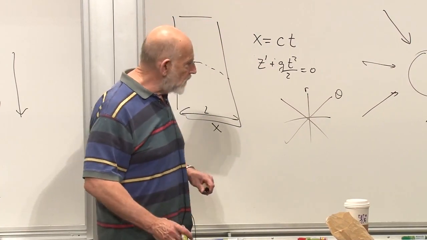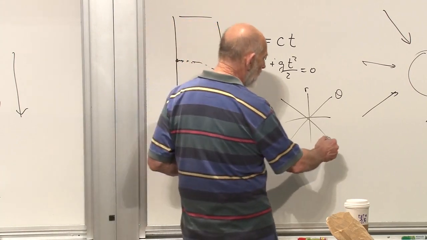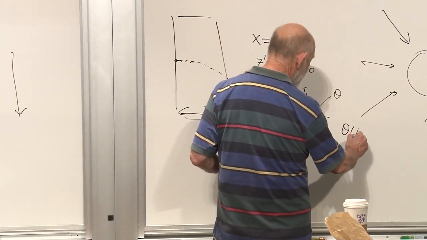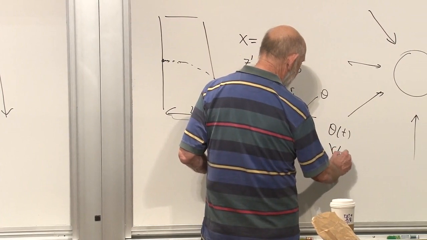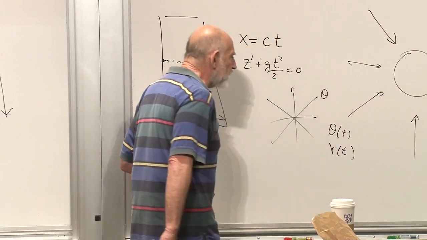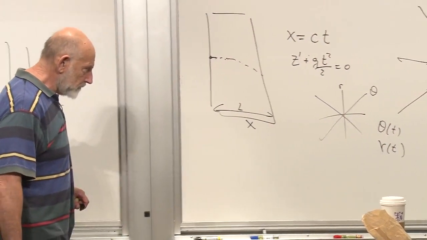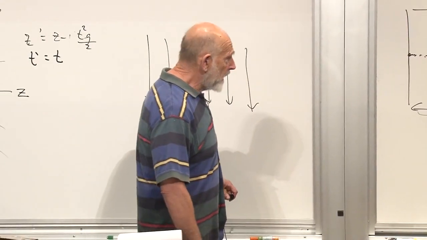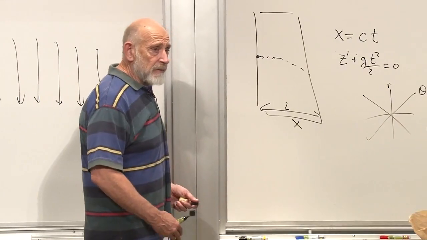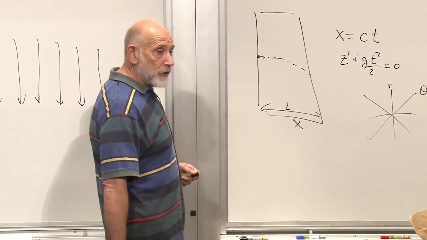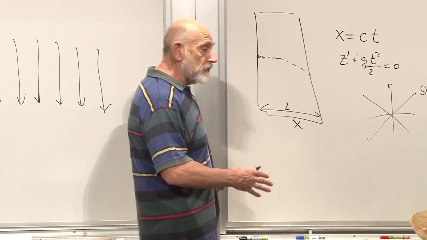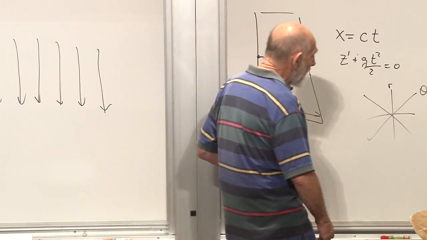How would the particle move, meaning to say, what would theta of t and r of t, how would they behave as a function of time? And I would plot that. I would look at it and see what kind of motion the particle had, theta and r as a function of time.